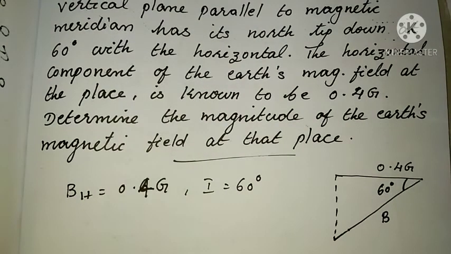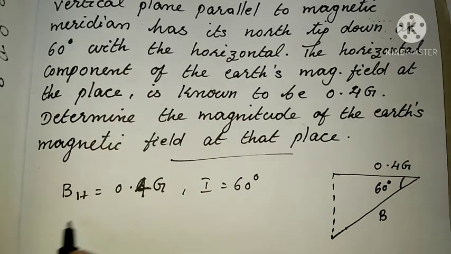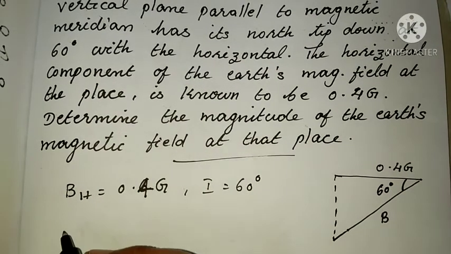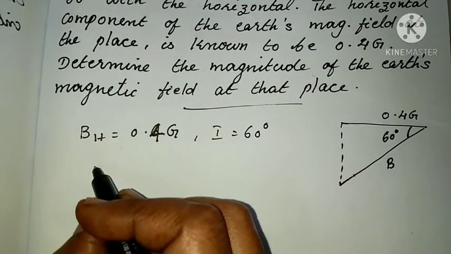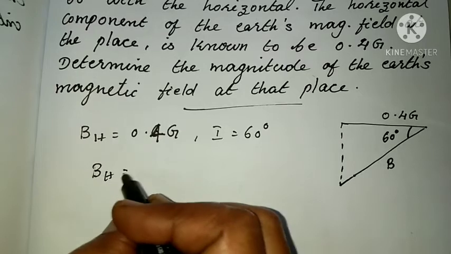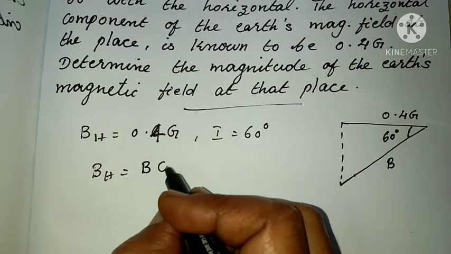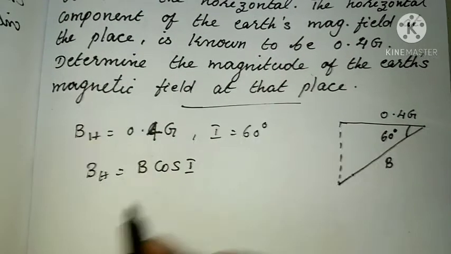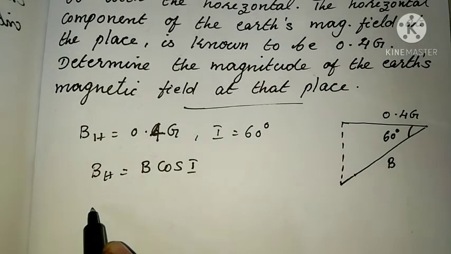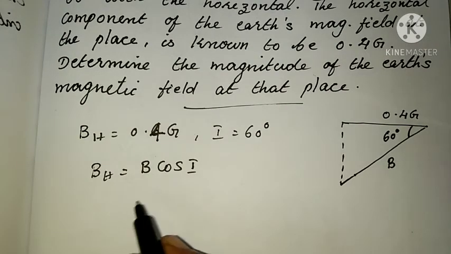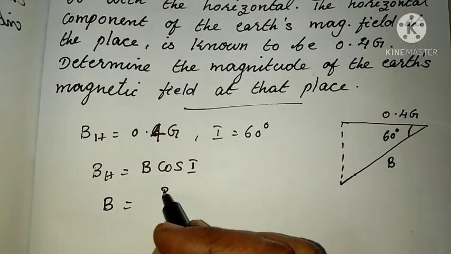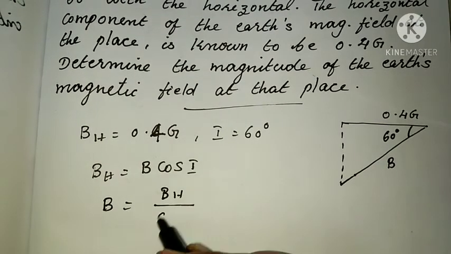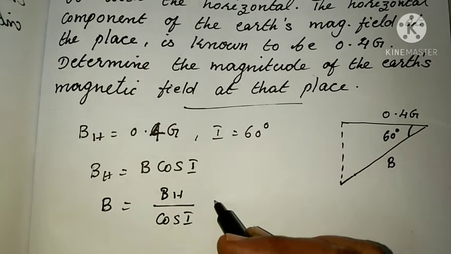So, you want to find out the magnitude of the Earth's magnetic field at that place. So, you know the formula, that is BH equal to B cos I. So you want to find out the magnitude of Earth's magnetic field, that is B equal to BH divided by cos I. So, what is the BH?